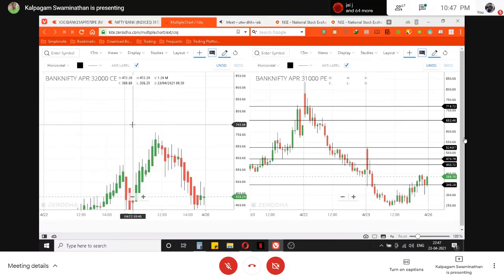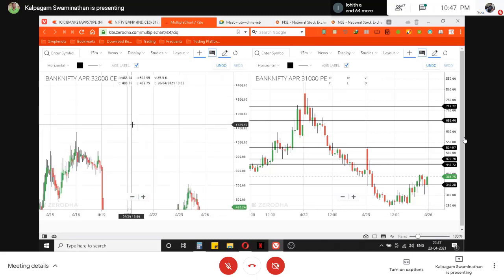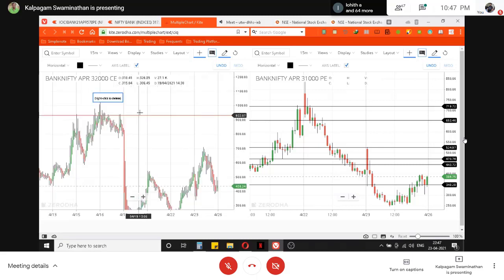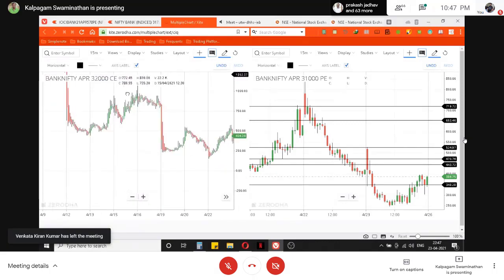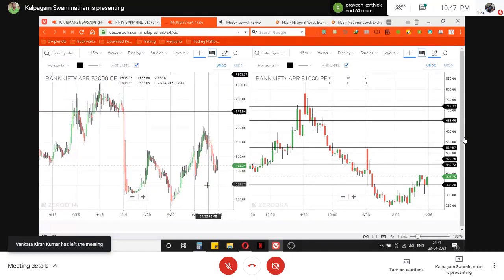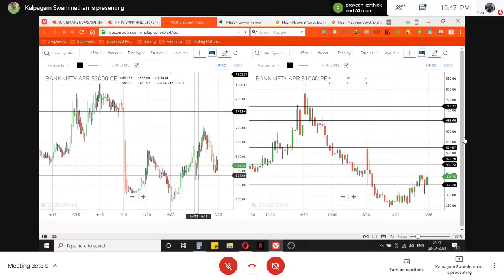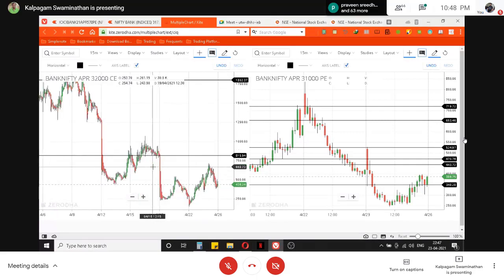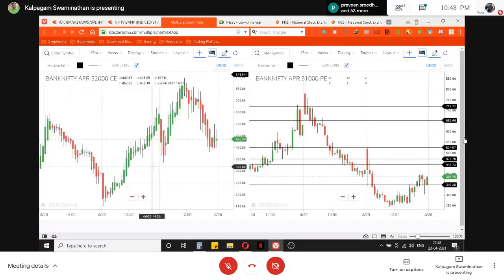And when you are entering the trade, you look left and see whether there was a support area. Wait, let me just drag this up. I got an entry here at this candle. This is a Heiken Ashi red candle.